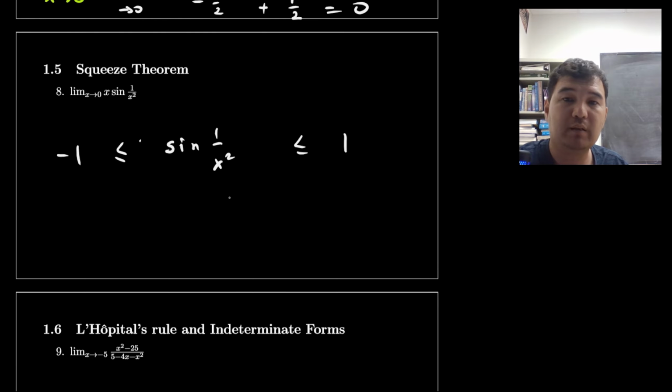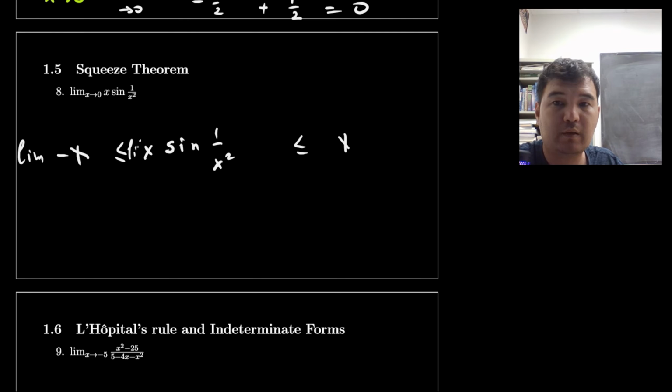And if we multiply both sides of the inequality by x, the function x times sine is going to be between negative x and x always, for all x as x goes to 0. So if you take the limit of this expression from all sides, you can see that we have our limit in between.